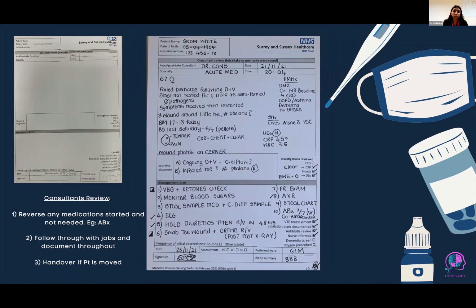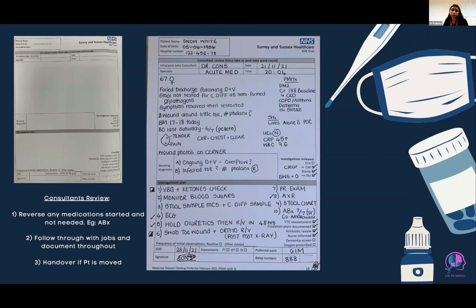So they realized that she's had a failed discharge. The stool is not tested because it's semi-formed, so it's not completely restored. There are no pathogens. Her symptoms previously resolved, but then they restarted. The wound around the little toe, possible fracture. Her BMs were really high and ranged from 17 to 18 today, and when she last opened her bowels.